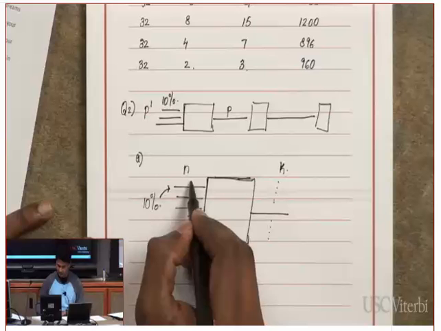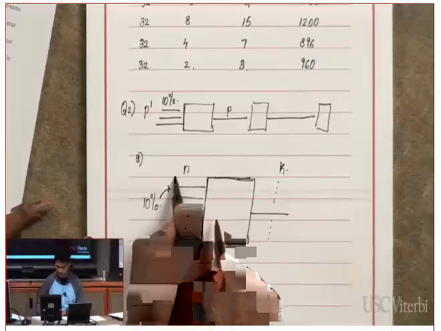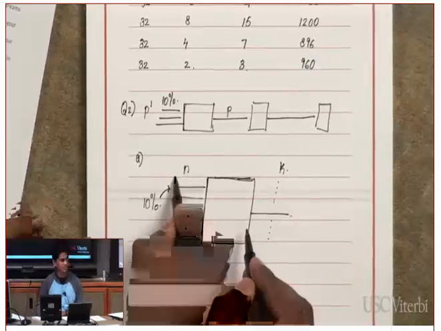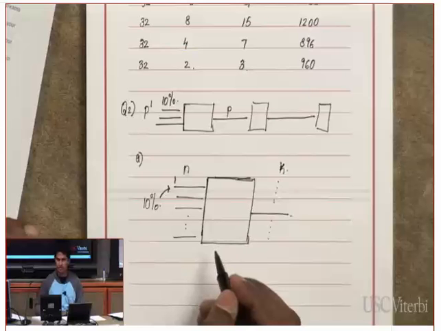If P increases, it means you have more traffic going through the line. If you have more traffic going through, that would increase the probability that it blocks. It wouldn't decrease it. I heard you wrong, I thought you meant decrease. So it would increase the probability of blocking as P increases. So that's that.